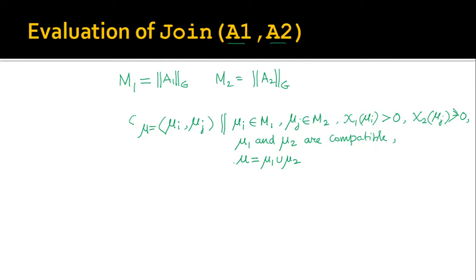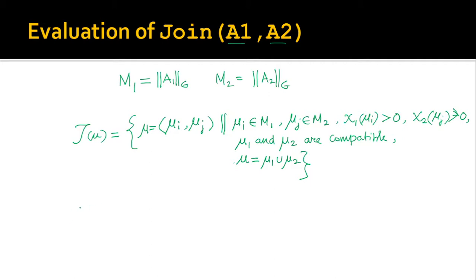So this particular set, let us name it, as we are talking about join, calligraphic join, so join M. This join M is basically all the pairs of solutions, one from m1 and other from m2, that are compatible. So that is the simplest way to say the thing.